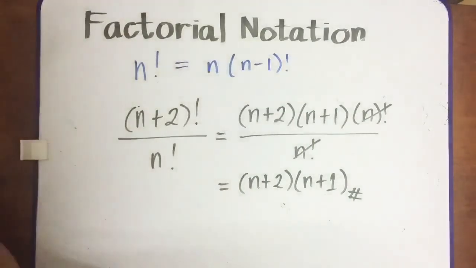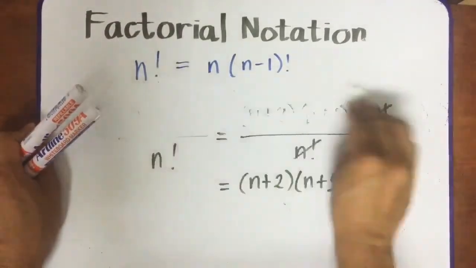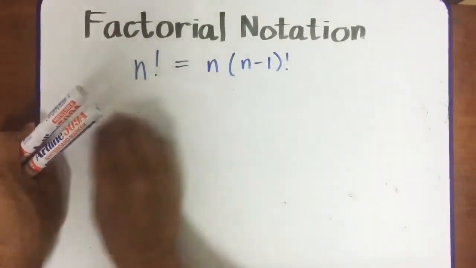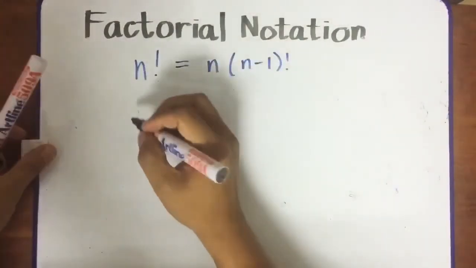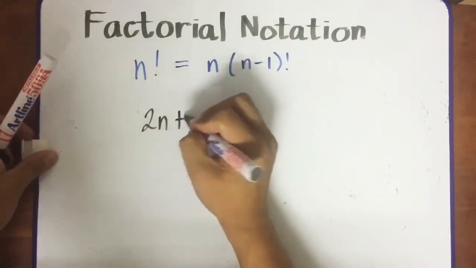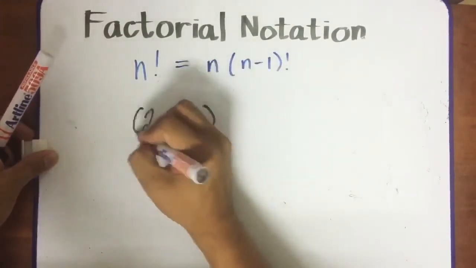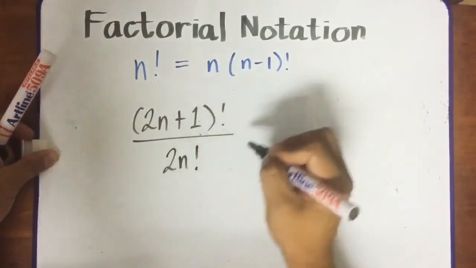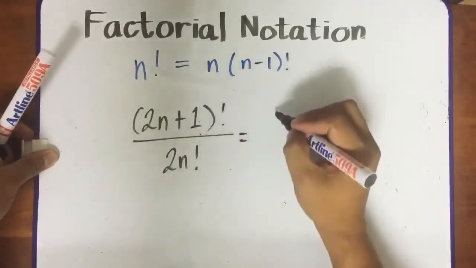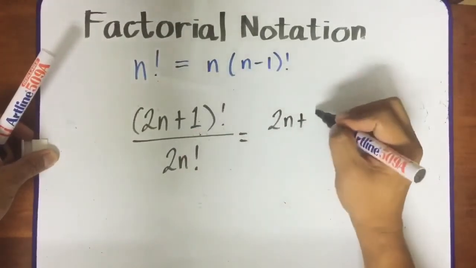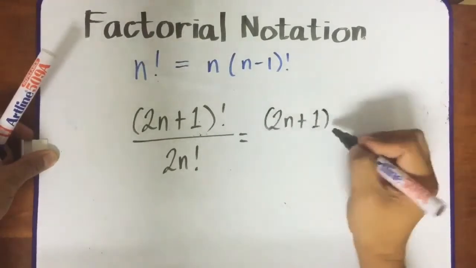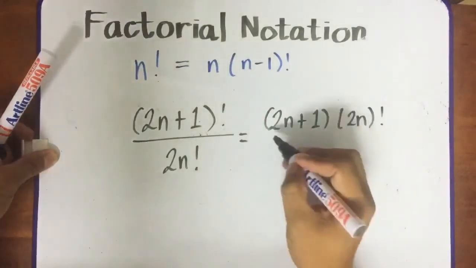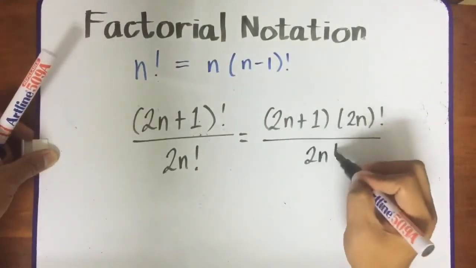Okay, next, last. Let's say I'll have 2n plus 1 factorial divided by 2n factorial. Let's write 2n plus 1 first. 2n plus 1 minus 1 basically becomes 2n factorial, divided by 2n factorial.